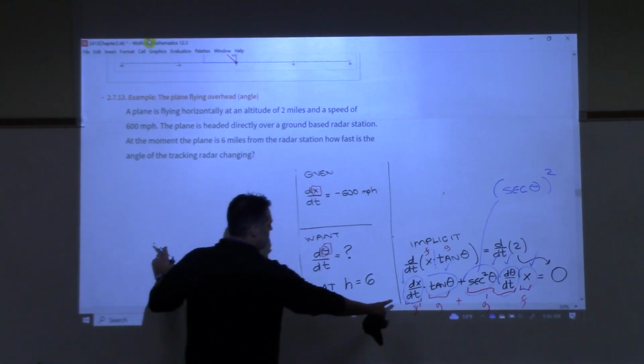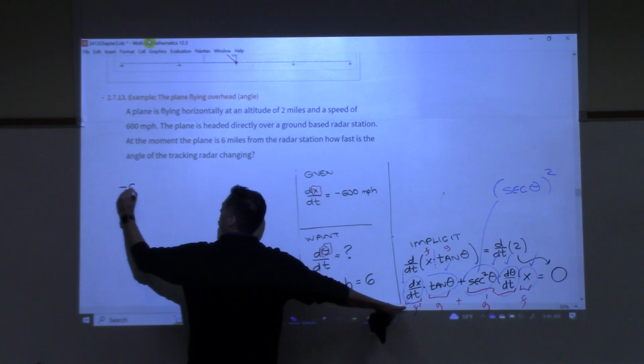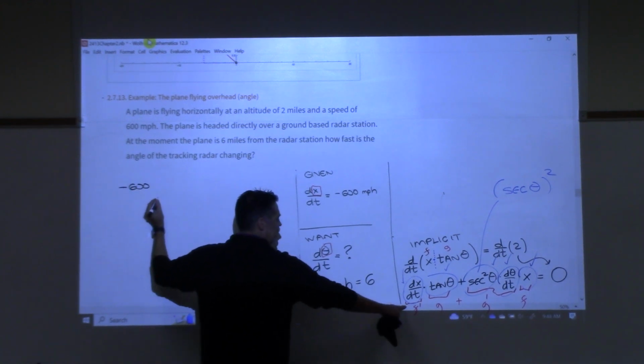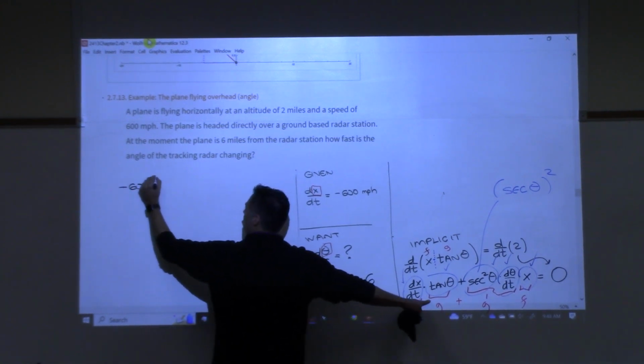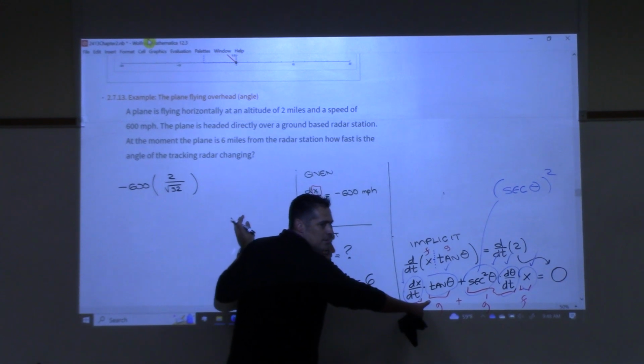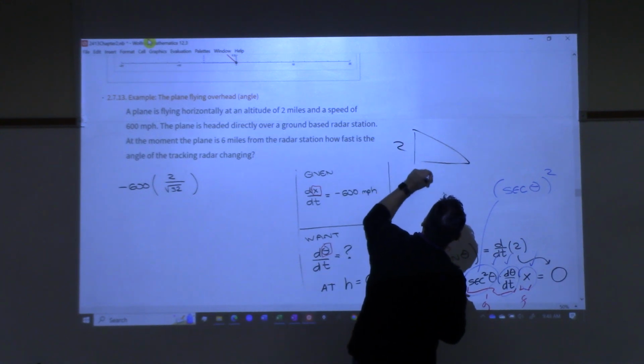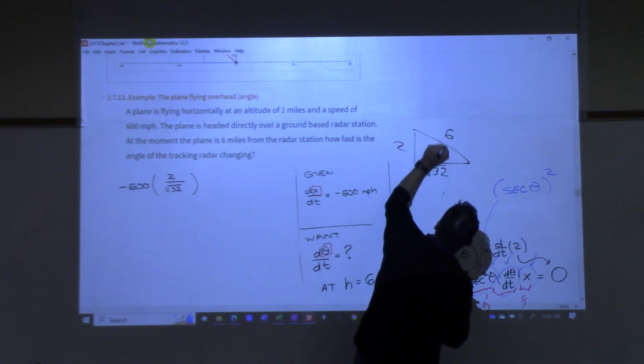Start filling things in. dx dt was negative 600. Tangent theta, I've erased it, but it was 2 over root 32. I erased the triangle. Do I need the triangle back up here? Put it right here: 2, root 32, and 6, and that's theta.